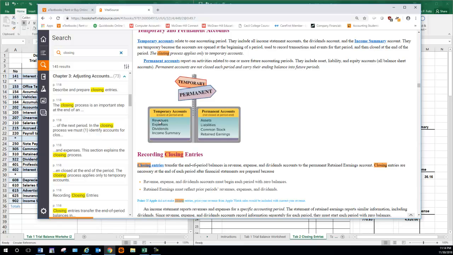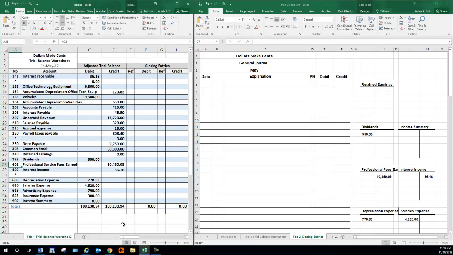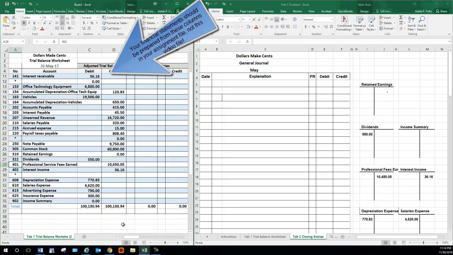So let me show you what that looks like. I think it'll be clearer when we actually do the entries. So we are only going to close our temporary accounts, and please remember that you should have already done your income statement, statement of retained earnings, and balance sheet. And now we're going to close our temporary accounts to zero so that we can be ready for June 1st.